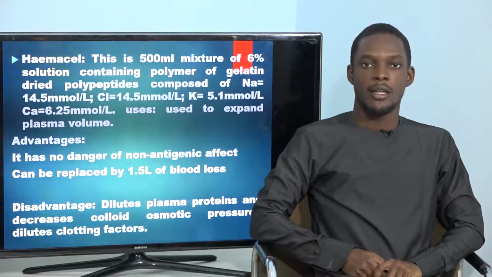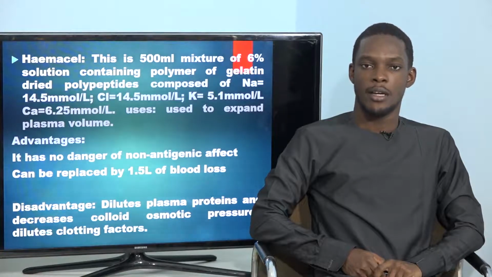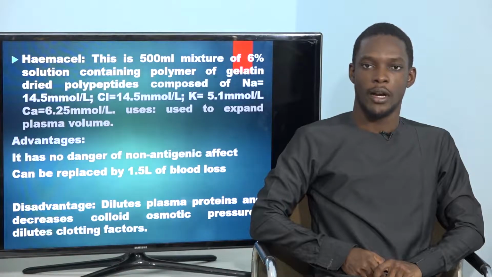Hemacell. Hemacell is a 500 milliliter mixture of 60% solution containing a polymer of gelatin dried polypeptides. It is composed of 4.5 millimole per liter of sodium, 4.5 millimole per liter of chloride, 5.1 millimole per liter of potassium, and 6.25 millimole per liter of calcium.